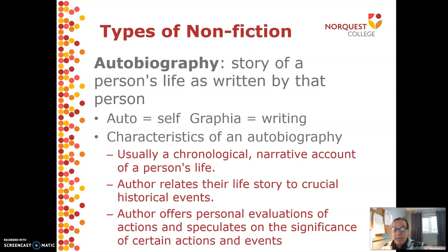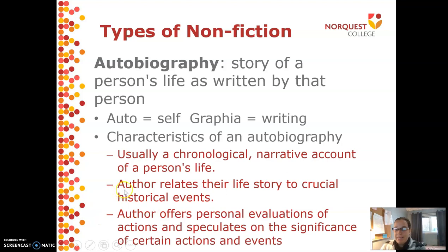An autobiography is a type of biography, but it's written by that person about that person. So I could write an autobiography about myself. Usually an autobiography is chronological, so in order. It's usually narrative, which means in almost a story-like format, but it's not necessarily considered a story because there's true events and true accounts.